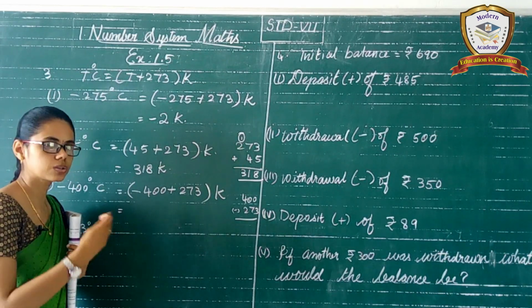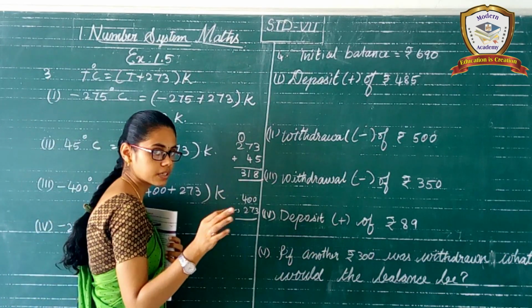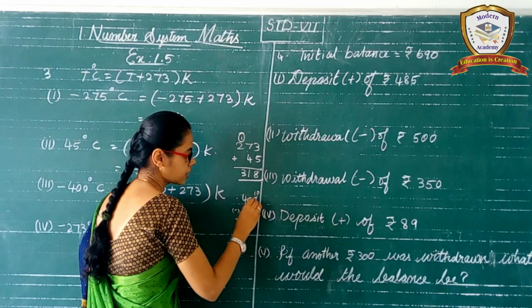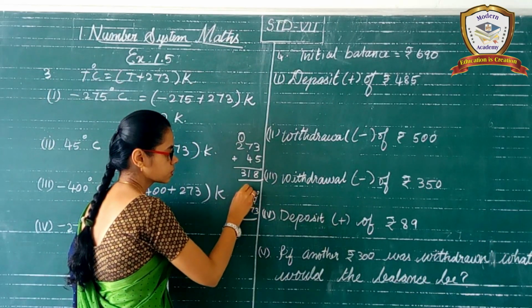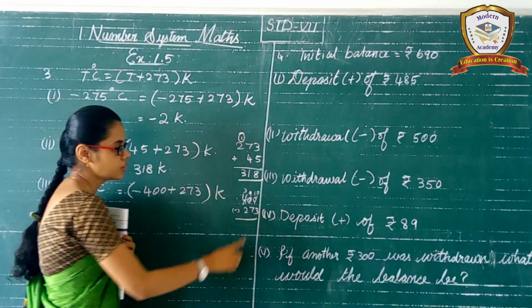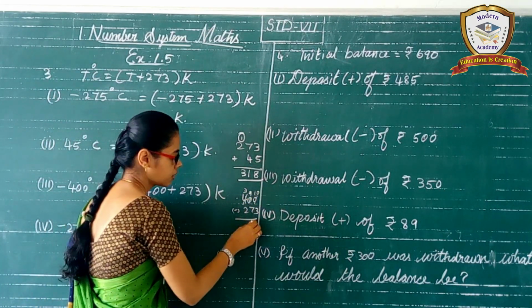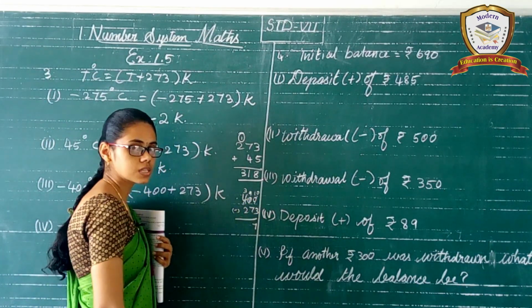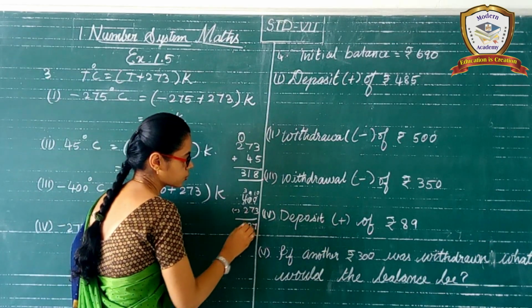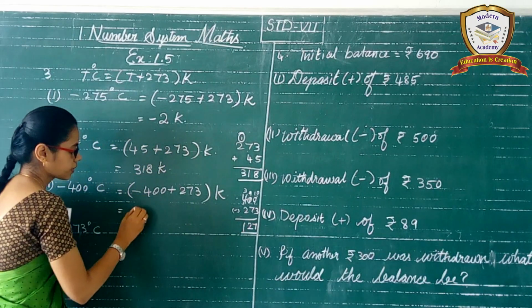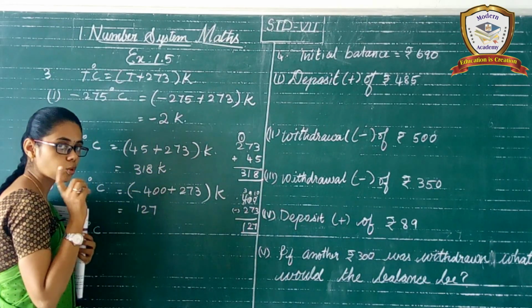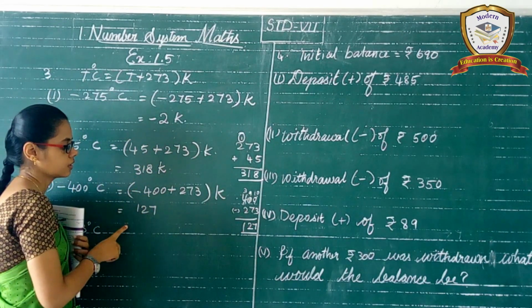So we have to borrow the next one. So we can't subtract. So here 10, here 9. Okay, and here goes to 3. Right? So 10 minus 3, 7. 9 minus 7, 2. 3 minus 2, 1. So finally 127.